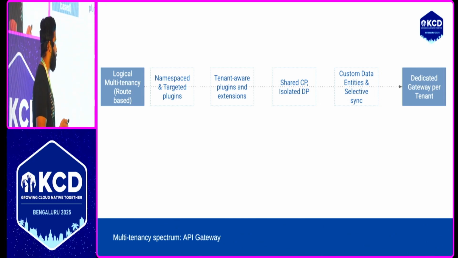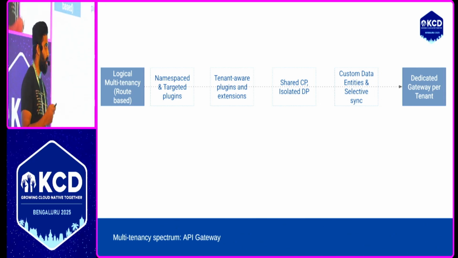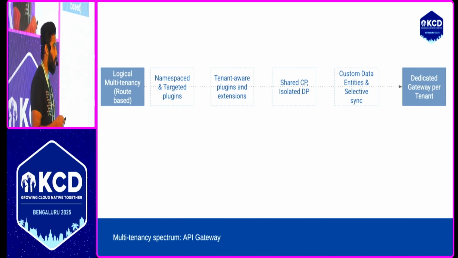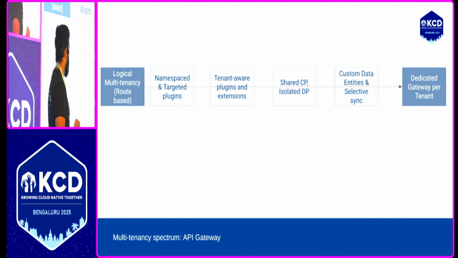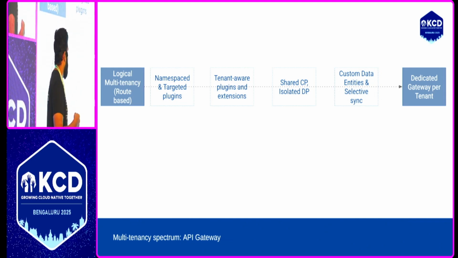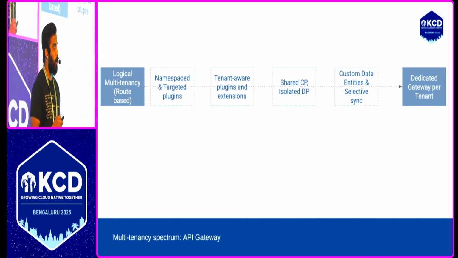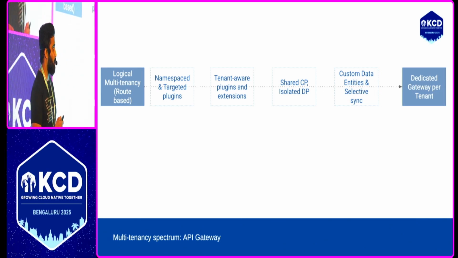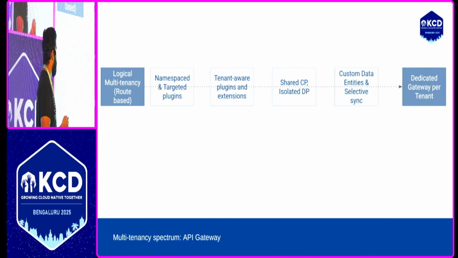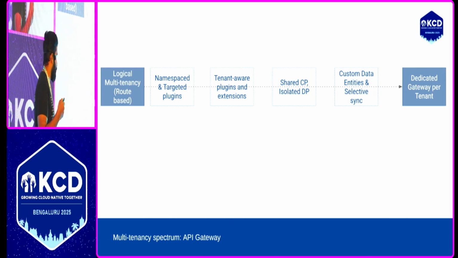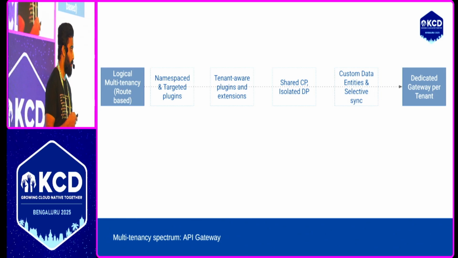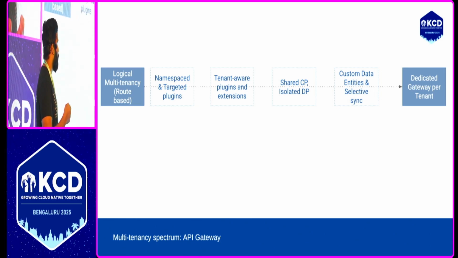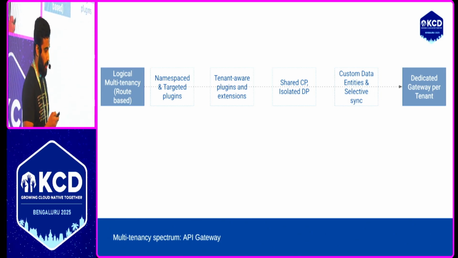You can have custom plugins, or even plugins that Kong offers, to do a lot of these cross-cutting concerns that we spoke about earlier. You can then have tenant-aware plugins that will handle the tenant-specific routing and tenant-specific implementation of any of these cross-cutting concerns, like security or even traffic management. Maybe different rate limits for different customers, different tenants, etc. can be handled here.